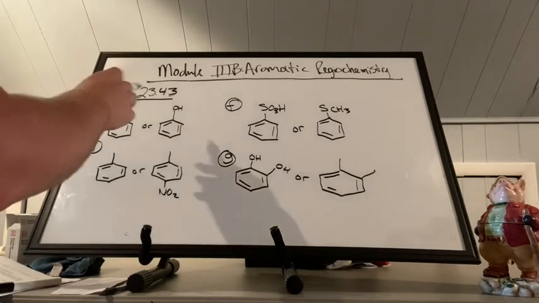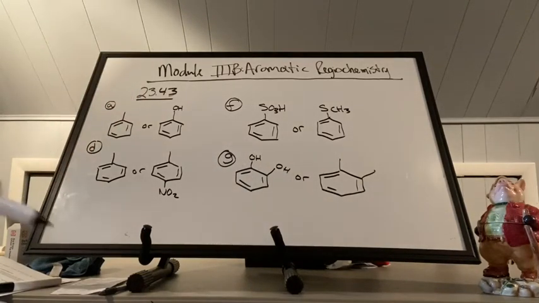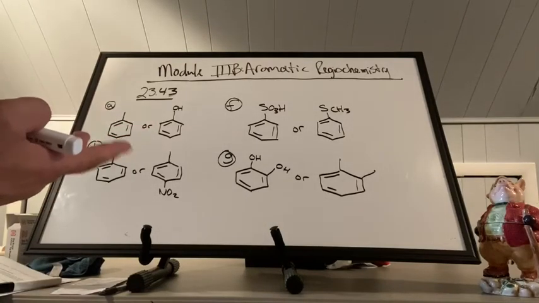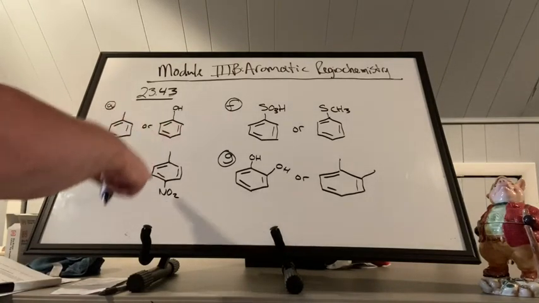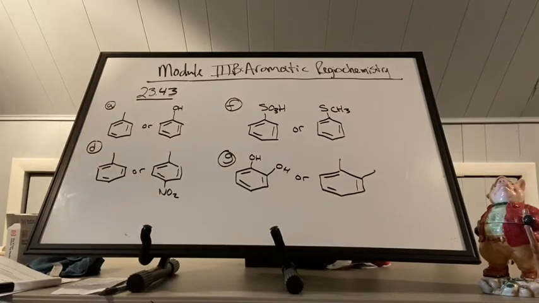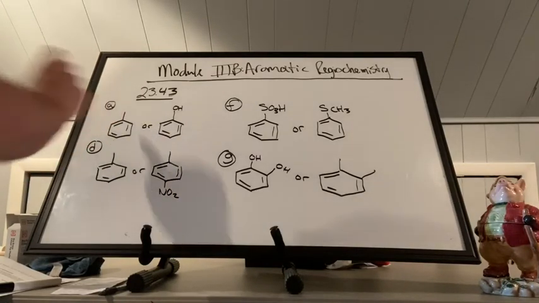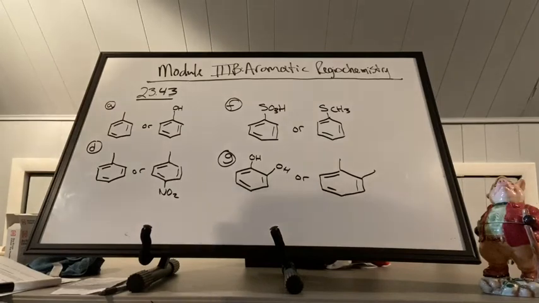All right, so for 23.43, that's on page 1189, you're comparing two different monosubstituted or maybe even disubstituted rings and comparing the reactivity. Okay, so first up is example A. So you just have a methyl group on the left and then a hydroxyl group on the right.